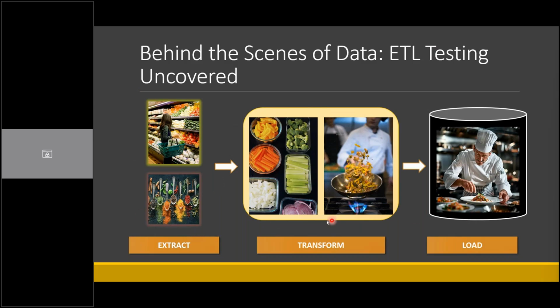We are purchasing or extracting the necessary items before we transform the product. We are transforming, or making the dish, or preparing the dish. This is the preparing and cooking part, that is transform. Then finally the serving part comes as data loading. This data loading happens in a data warehouse. So that is how ETL testing works.